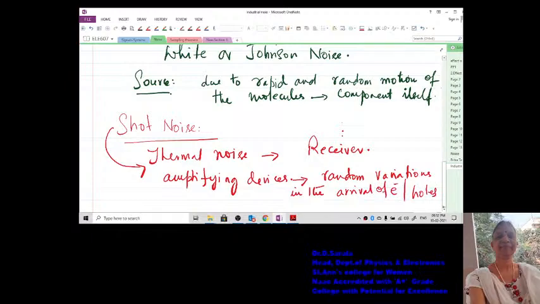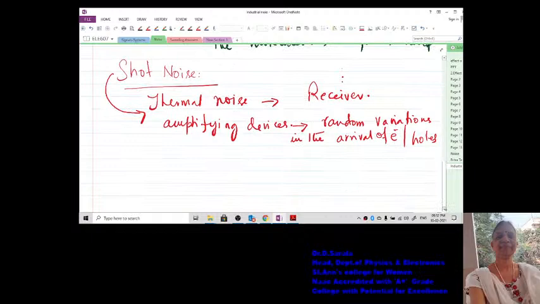It can be either electrons or holes. When a signal is being amplified, it sounds as though a shower of lead shot were falling on a metal sheet.